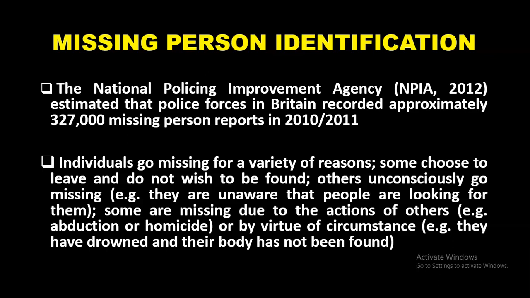Some choose to leave and do not wish to be found. Others unconsciously go missing. Example, they are unaware that people are even looking for them. Some are missing due to the actions of others. Example, abduction or homicide. Or by virtue of circumstance. Example, they have drowned and their body has not been found.